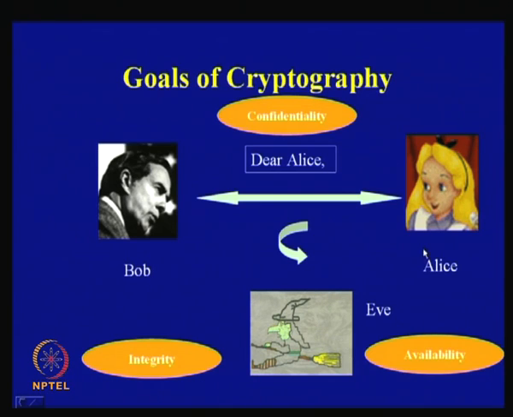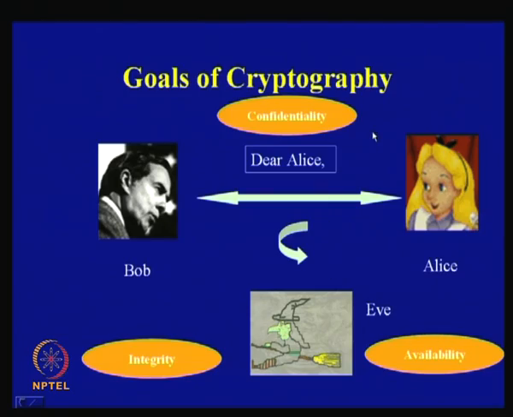And at the same time, Alice should be able to access this piece of information easily. The network should not become so slow, or the packet be dropped, in order to prevent Eve from accessing it, and in the process end up with Alice not being able to access the information. That should not happen. The information should also be available to Alice.